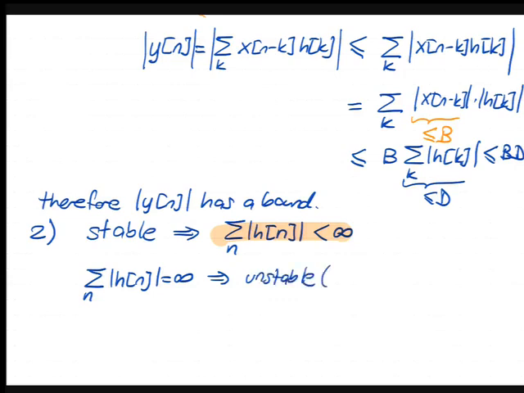And unstable means output unbounded, even for a bounded input. Well, that's not very precise, so I should say a bounded input can give unbounded output.